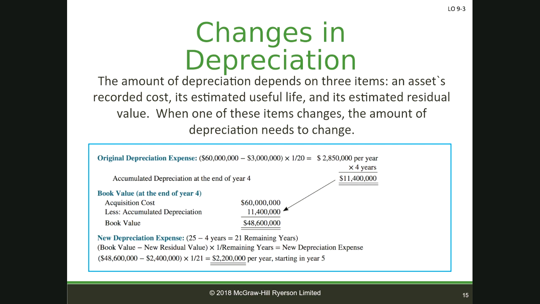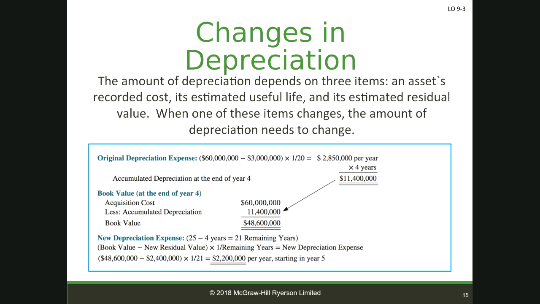The way we calculate the new depreciation expense is at the end of the year in which we're going to change the amount of depreciation. We take the book value of the asset, which is $48,600,000. We deduct the residual value.